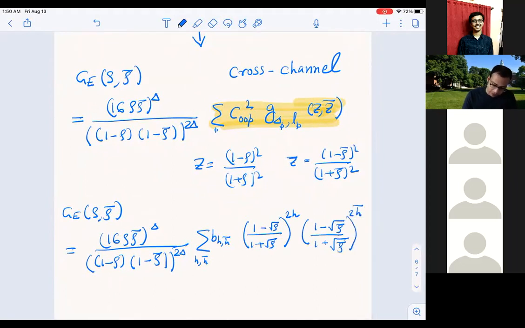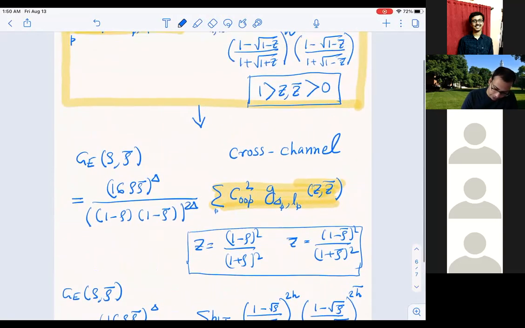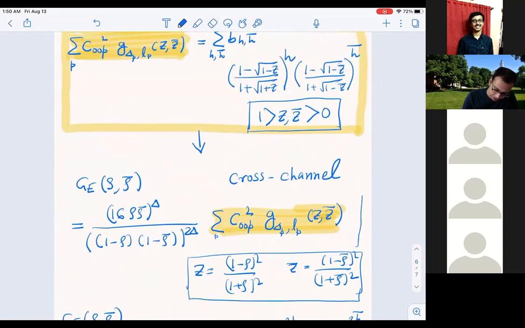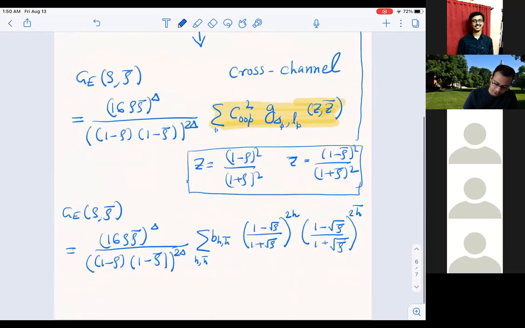So basically, I use this Z and Z bar and plug it in here. So this gives me this expression. The reason why this is very useful is that now from this expression, I can compute the other two Lorentzian correlators, G0 and the Regge correlator, both.